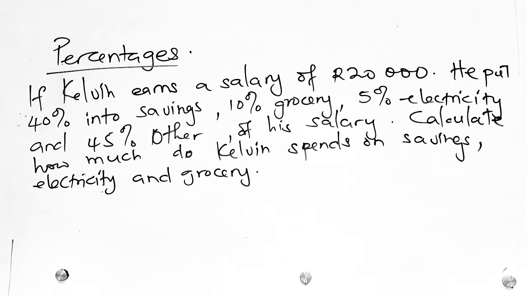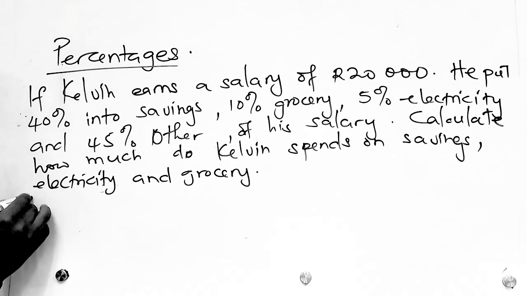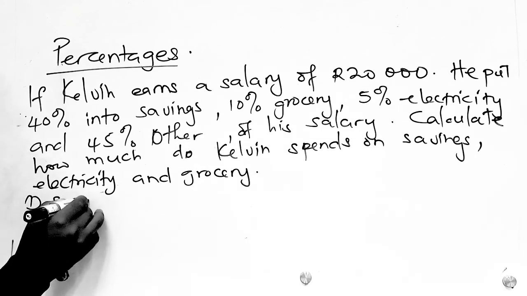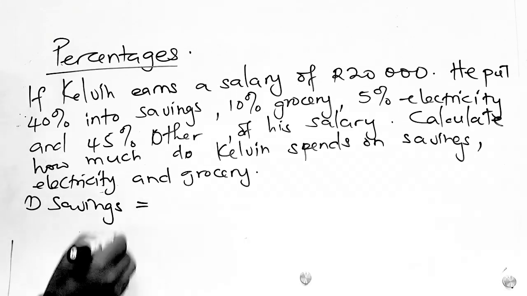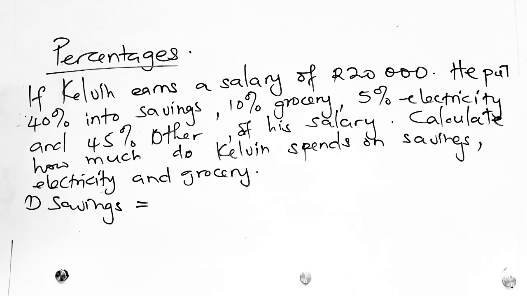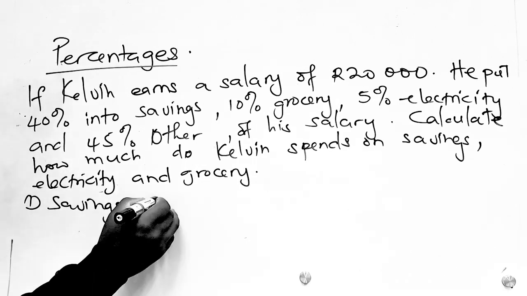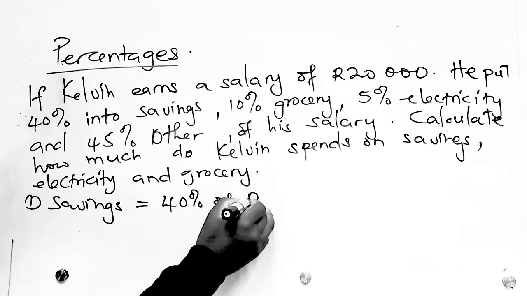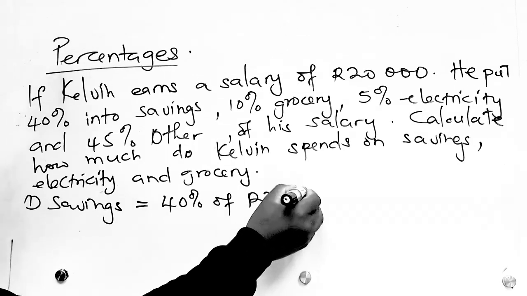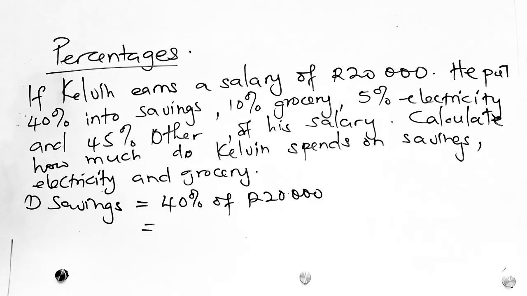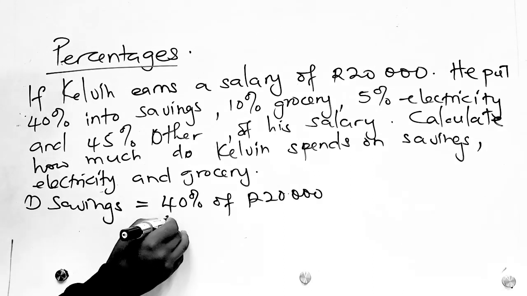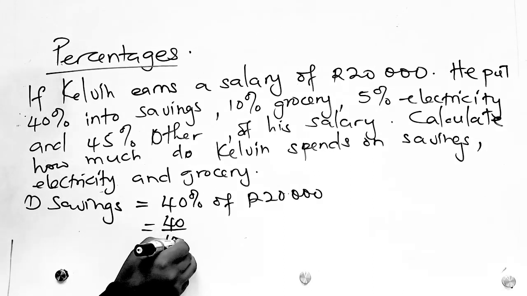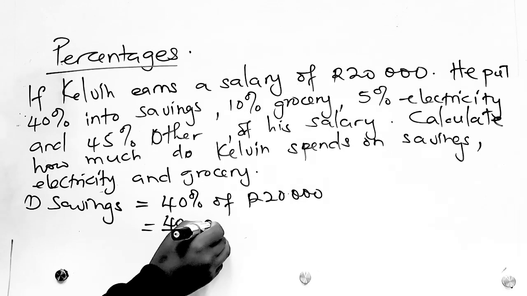So we're gonna start with savings. Number 1, savings is spending 40%. So this is 40% of 20,000. So 40% as a fraction is the same as 40 over 100 multiplied by 20,000.